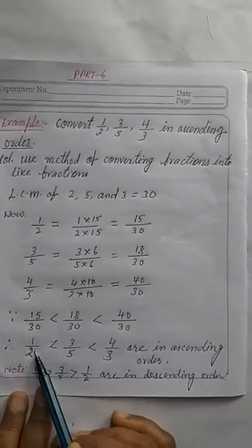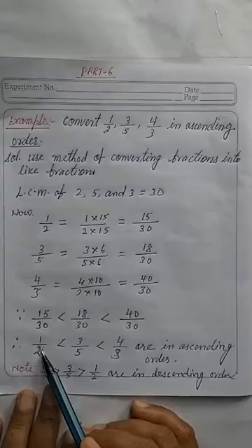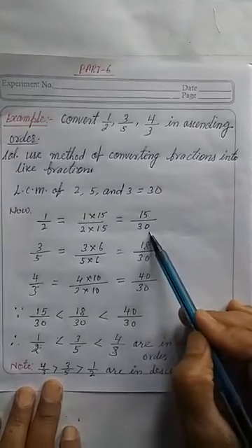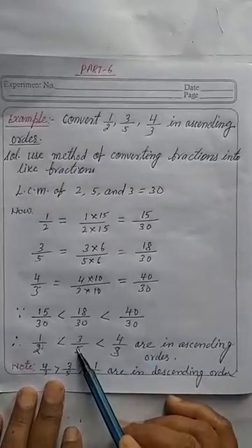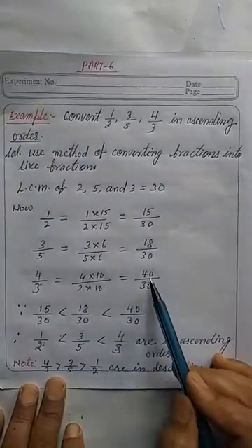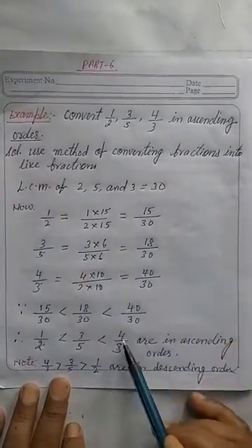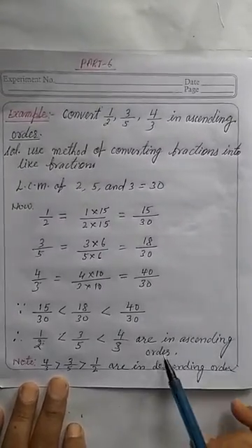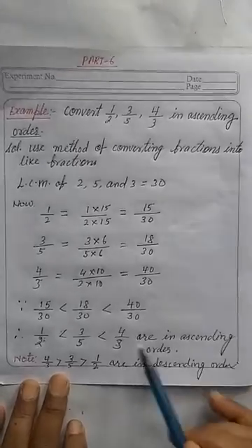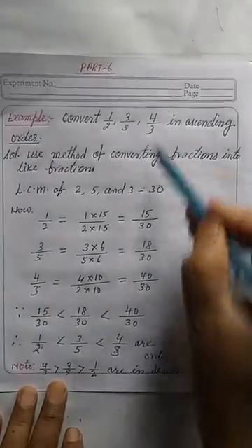Now your original question is 1 by 2, which comes from 15 upon 30; 3 upon 5 comes from 18 upon 30; and 4 upon 3 comes from 40 upon 30. So these are in ascending order. Suppose anybody asks you, students, how to change into descending order? The method is the same.